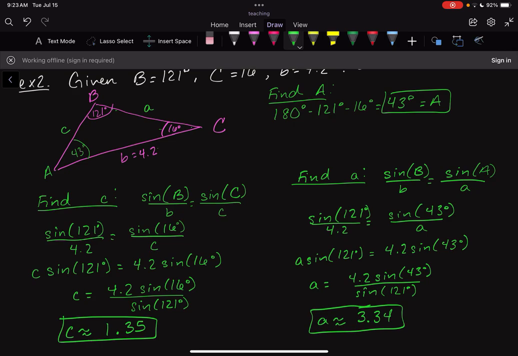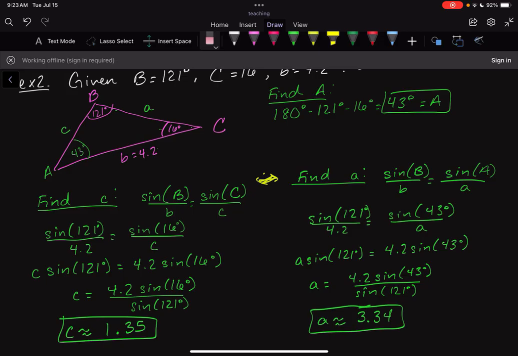So that was the angle-side case. And I just want to mention again, you could have done these two steps interchangeably as your first step. And once you got angle A, technically we could have done either one of these steps first, like finding side A or finding side C. So it's up to you.